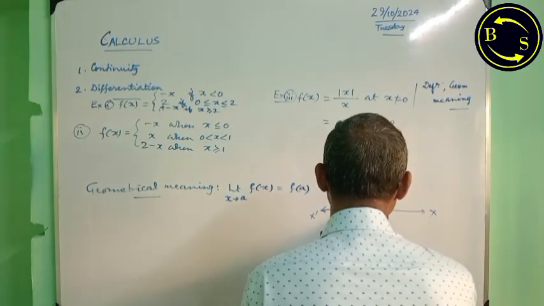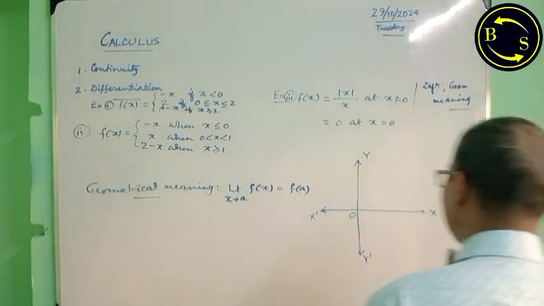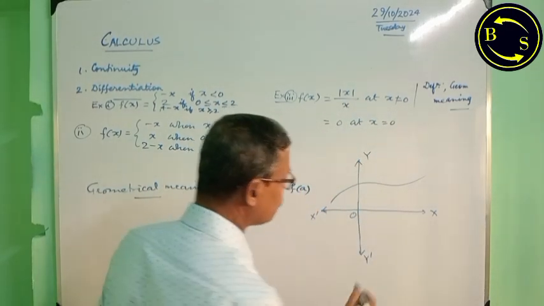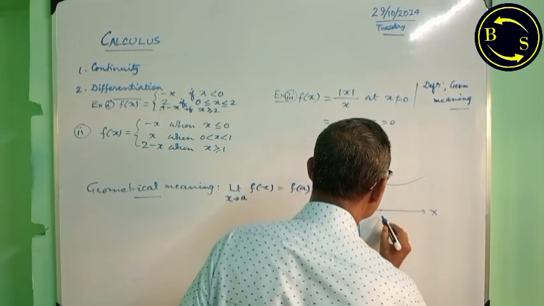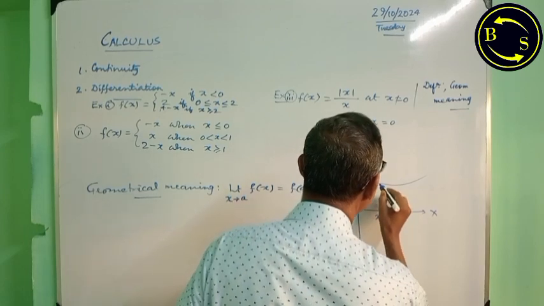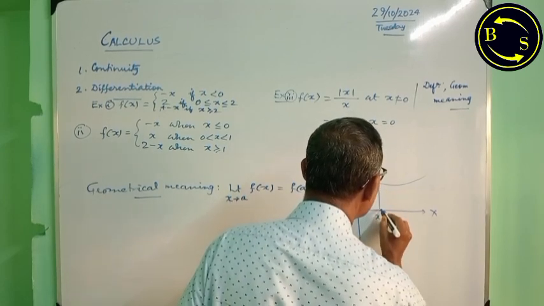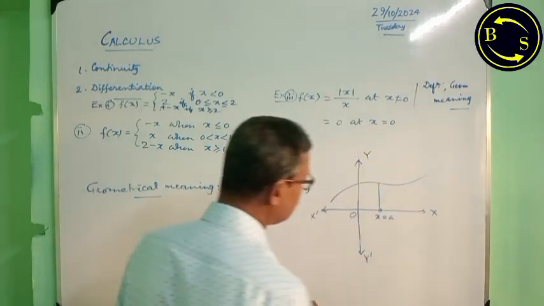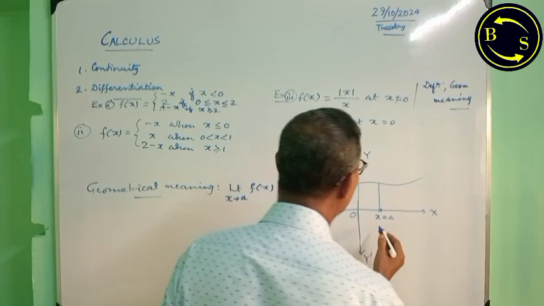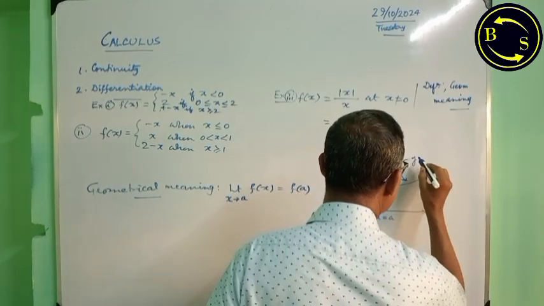If we draw the graph of say function y equal to f(x), say this is the point x equal to a.